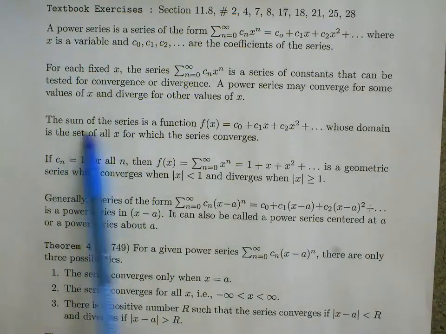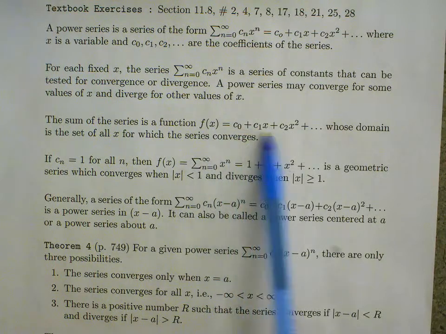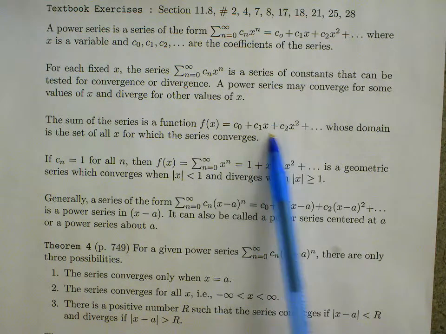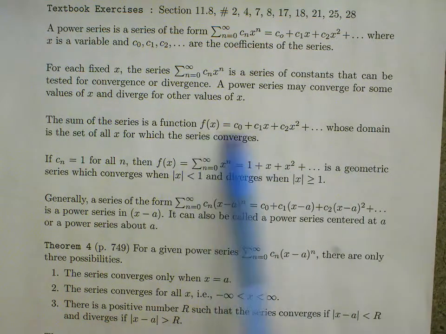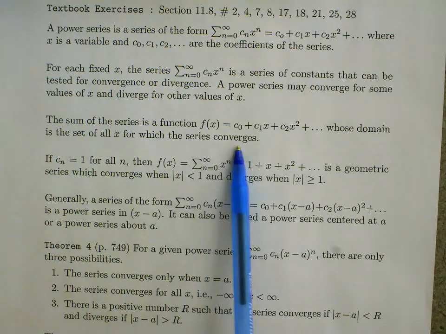The sum of the series is a function f of x equals c sub 0 plus c sub 1 times x, and so on. And the domain of this function is the set of all x for which the series converges.